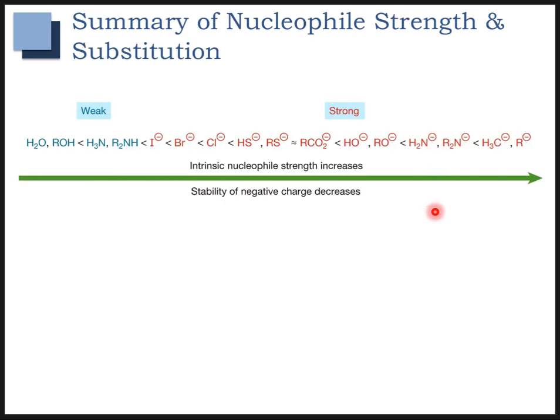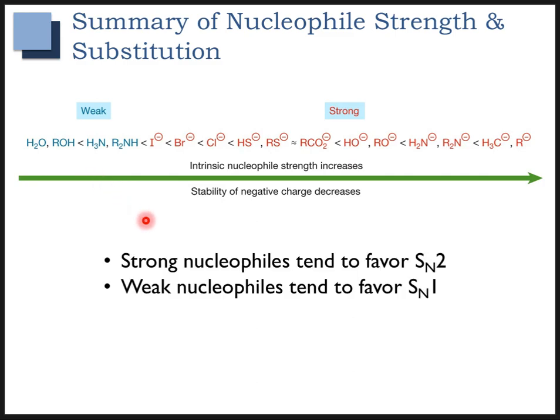So if we summarize what we learned about nucleophiles, stronger nucleophiles are stronger bases, and weaker nucleophiles are going to be weaker bases. We also know that strong nucleophiles are going to promote SN2 reactions. Weak nucleophiles favor SN1 because SN1 reactions do not depend on the nucleophile for the reaction.